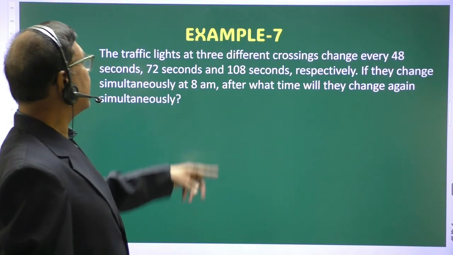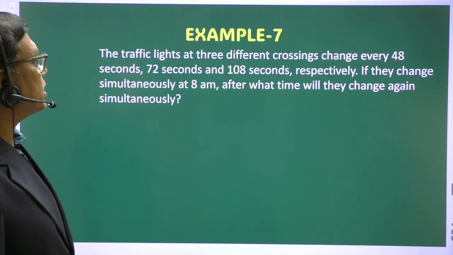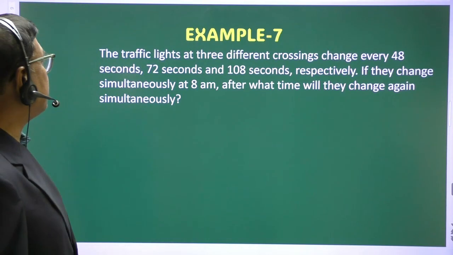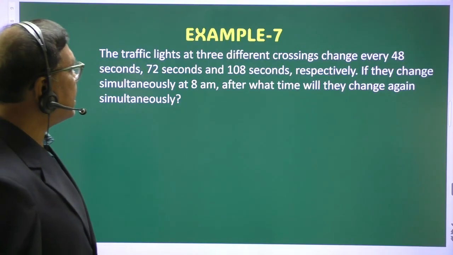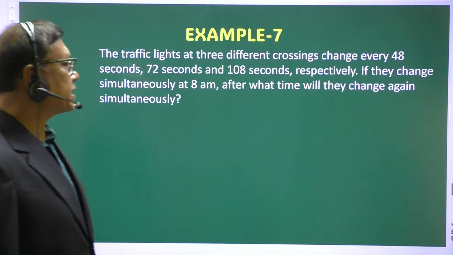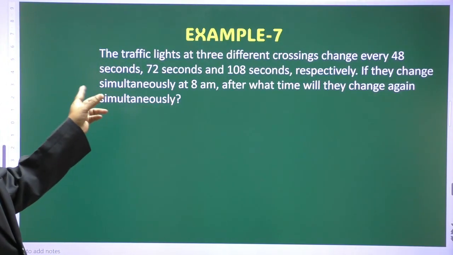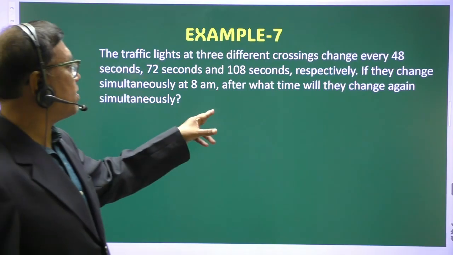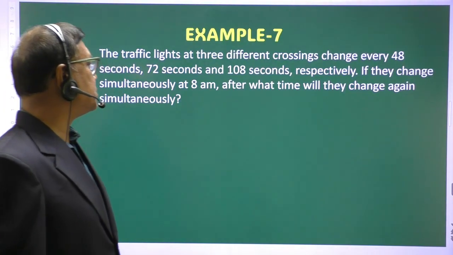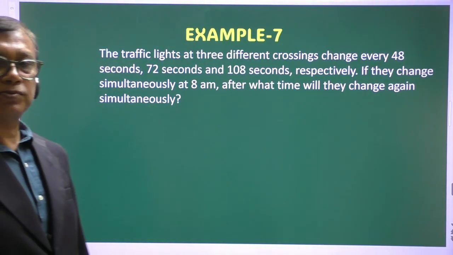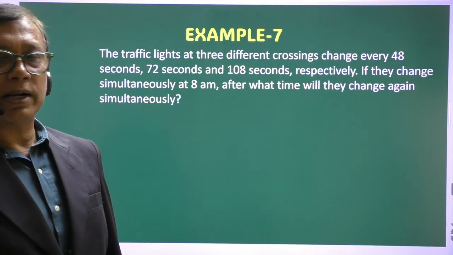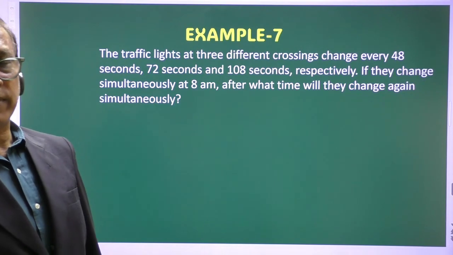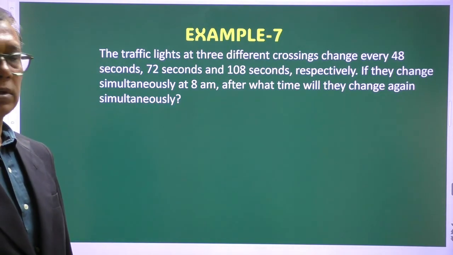The traffic lights at 3 different crossings change every 48 seconds, 72 seconds and 108 seconds respectively. If they change simultaneously at 8 am, after what time will they change again simultaneously? This is a very important sum and it came in different exams many times.